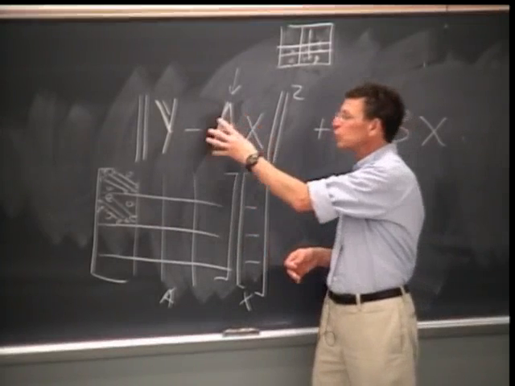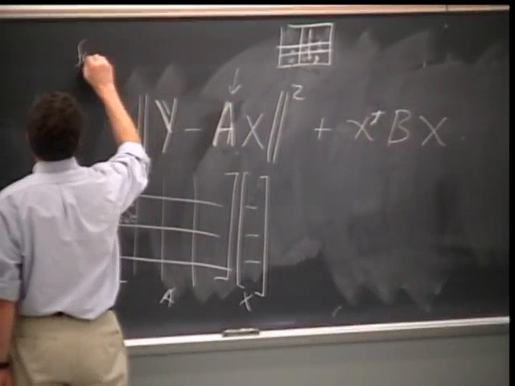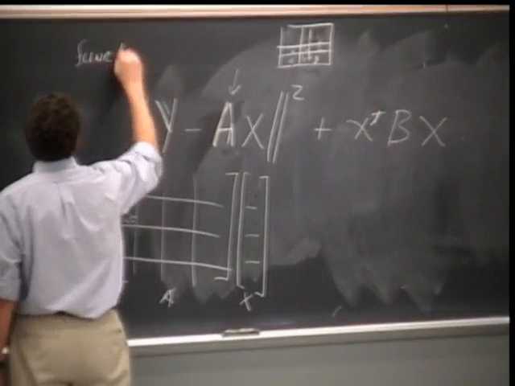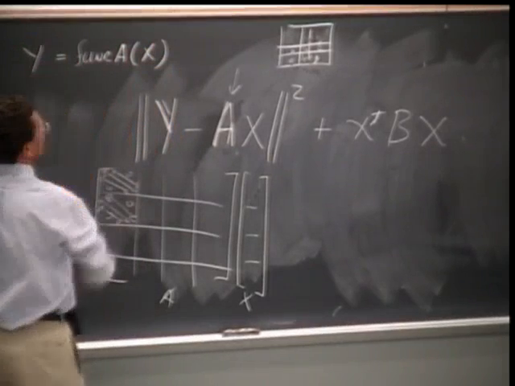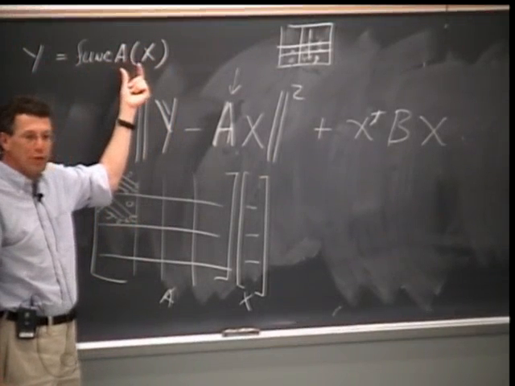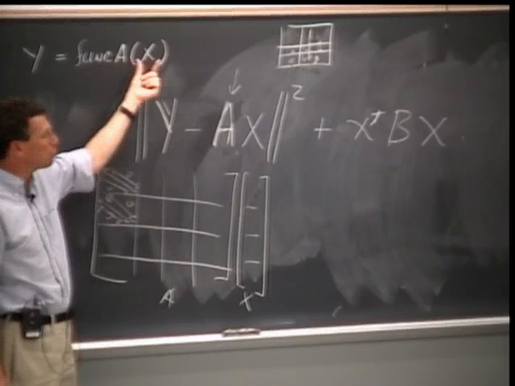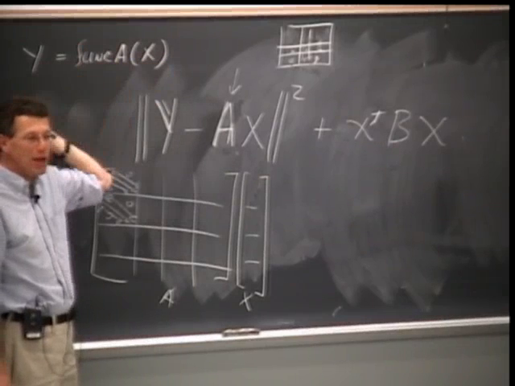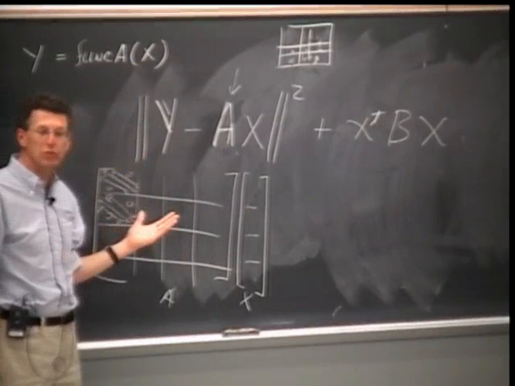When you never store the matrix A, what you do is you just write a function. You call it func A of X, and that's equal to, say, Y. So you never actually store the matrix A. Instead, you write a function which, when you apply it to X, produces an output which would be exactly equivalent to actually storing the matrix A.